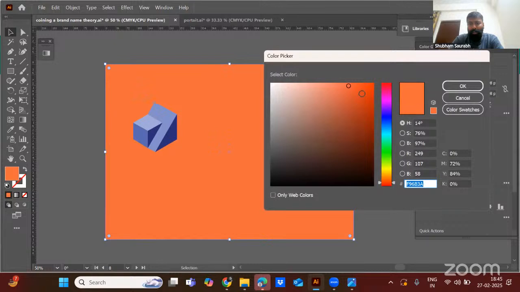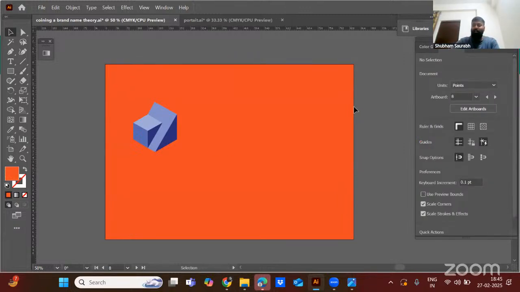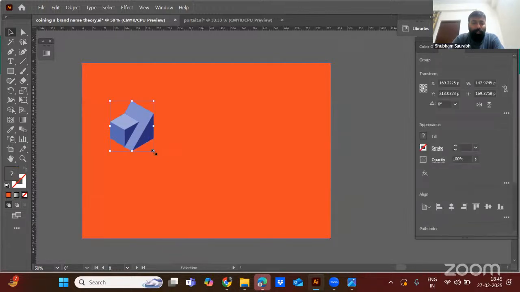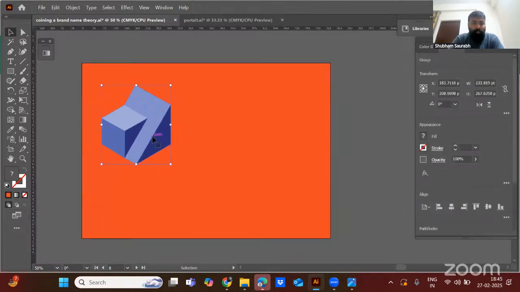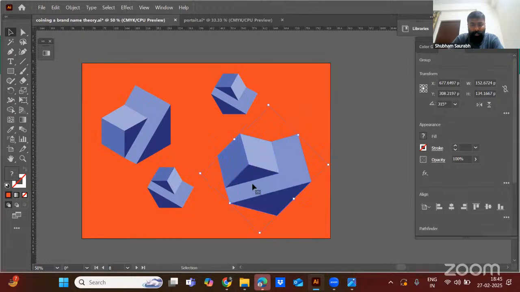So let's see how composition rules we can apply. So composition says, for example, one composition is called balance. So in balance, what we do, so there is one form here. We take another form, we change the size, okay, and keep it here. Keep it almost here, and then also let's change something, make it a little bigger, like this.